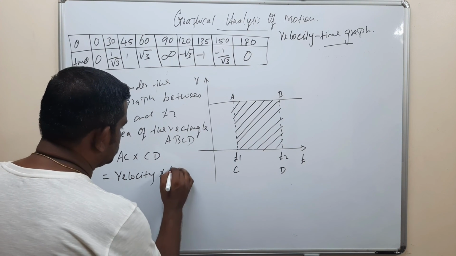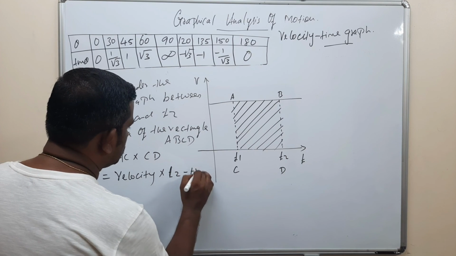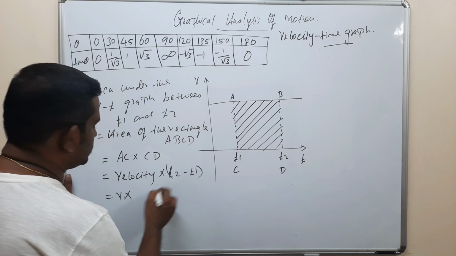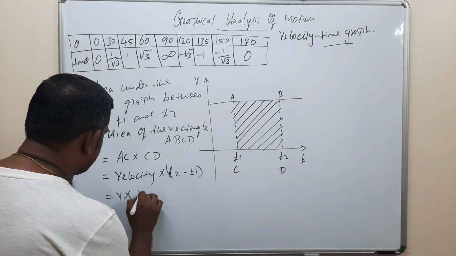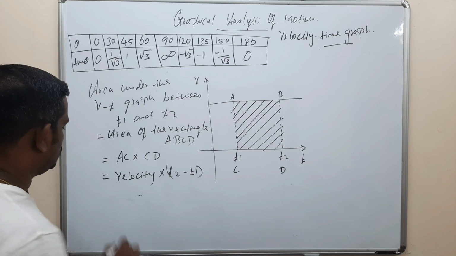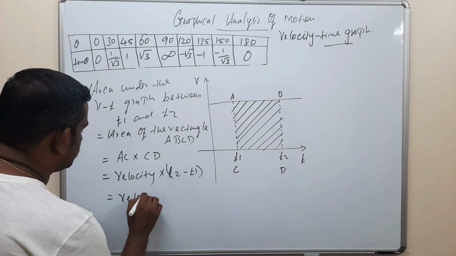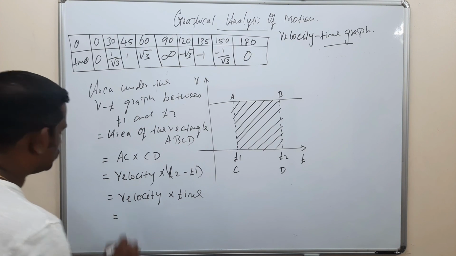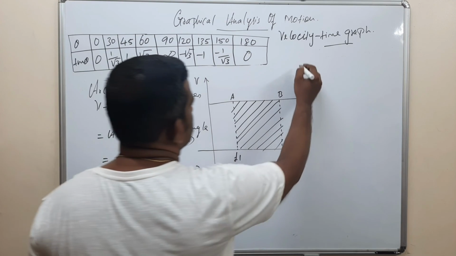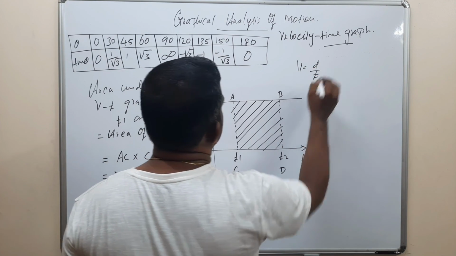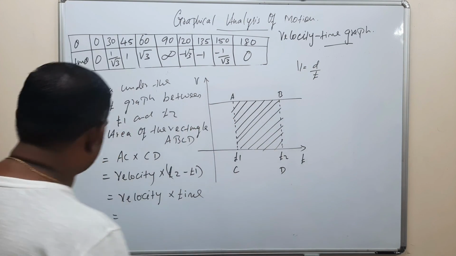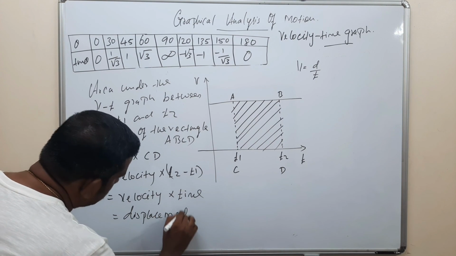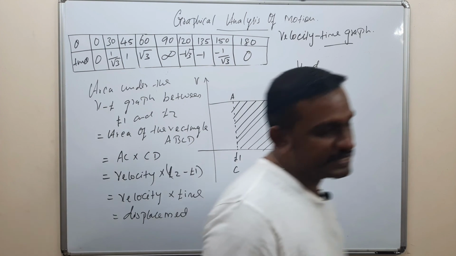That is T2 minus T1, which is time. So that is equal to velocity into time. We know the relation that velocity is equal to displacement by time, so velocity into time is equal to displacement. That is very, very important.